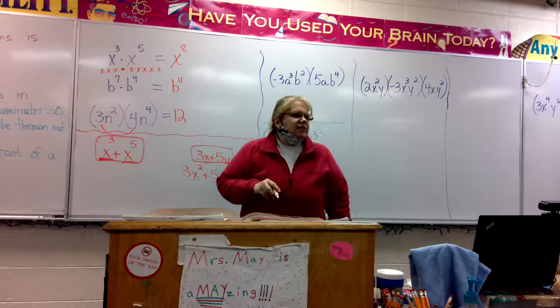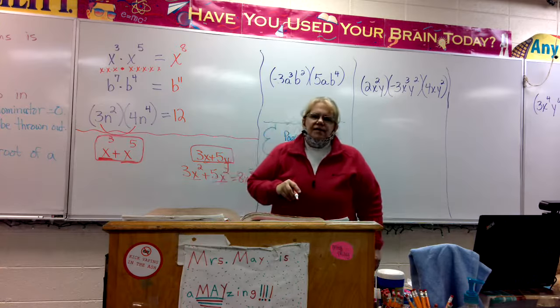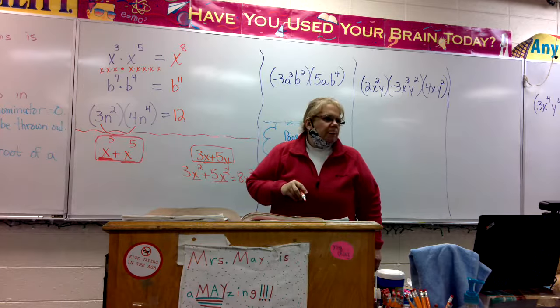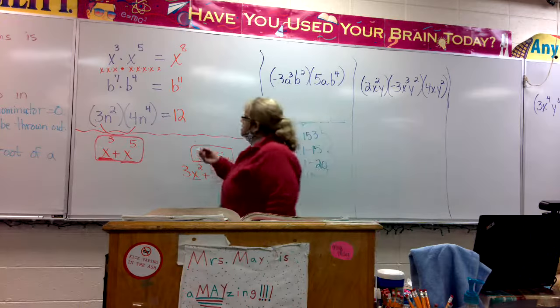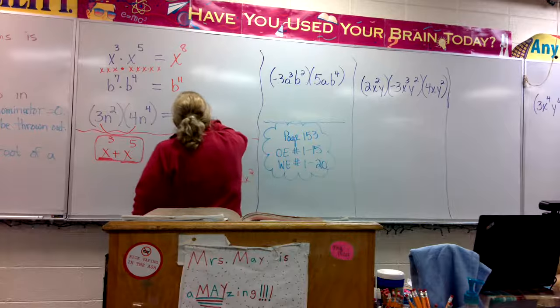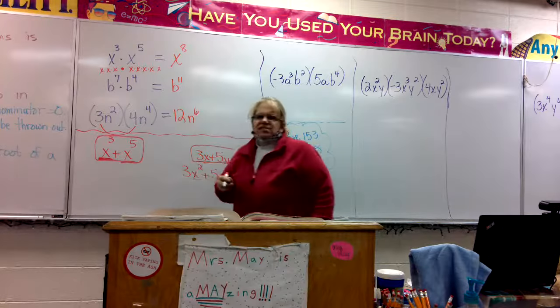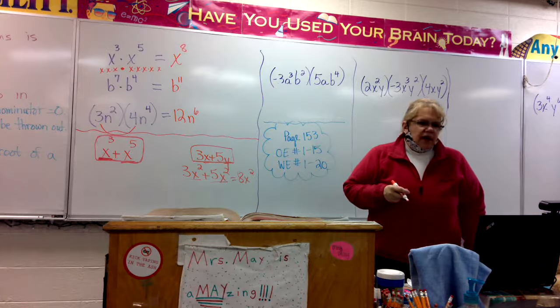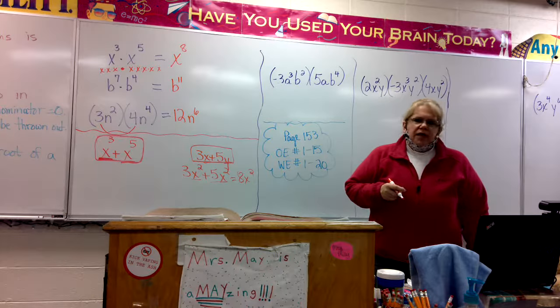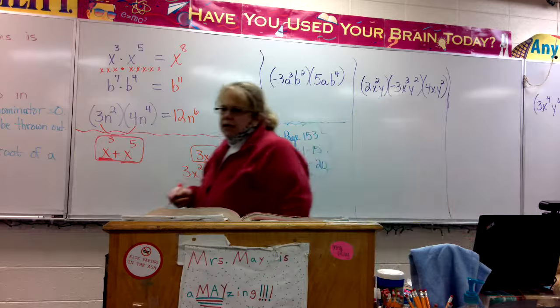If I have n to the second, n to the fourth, how many is that altogether? 2 and 4? 6. N to the 6th. Does that make sense so far? Anybody with questions so far?